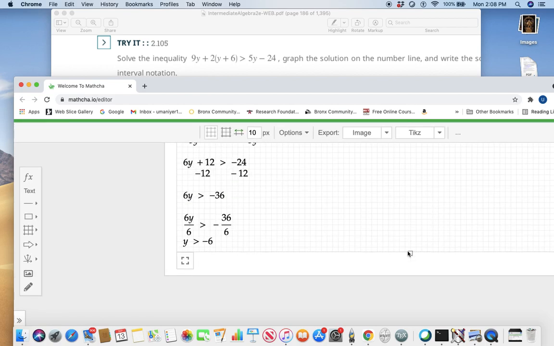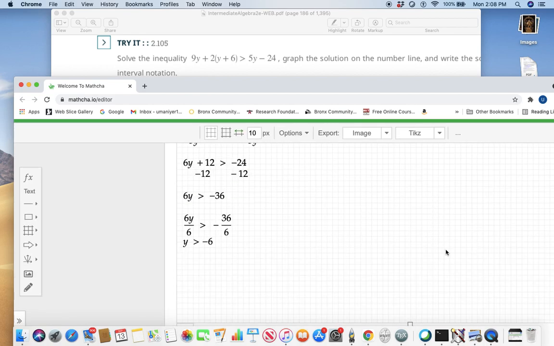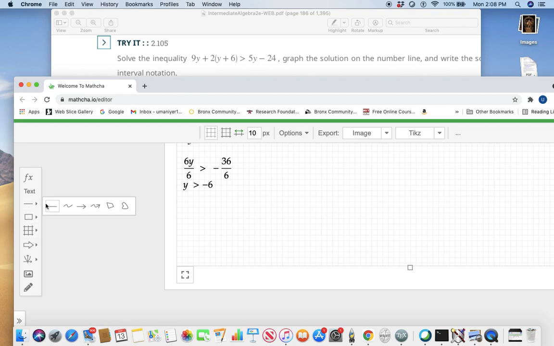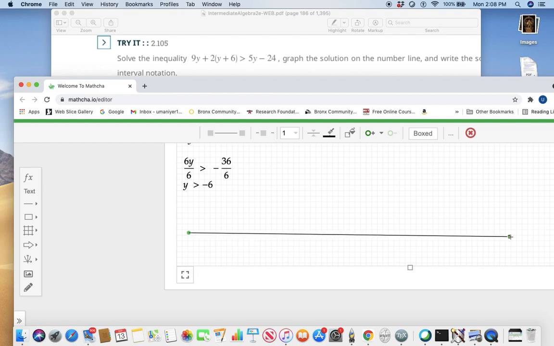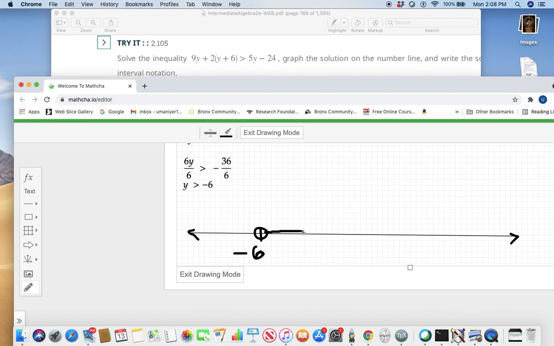Now we are ready to graph. Okay. So negative 6 is somewhere here. y is greater, so it's not equal, and it is greater, so you are to the right of it.